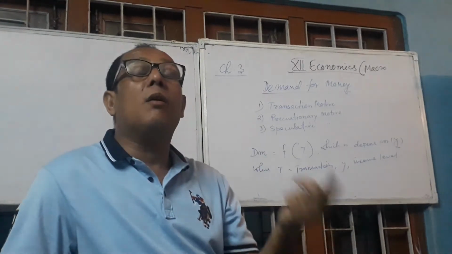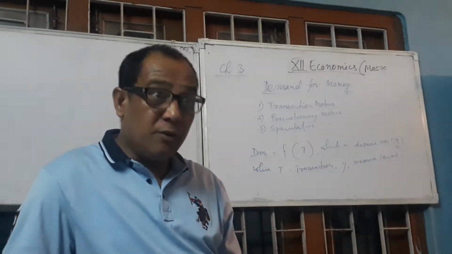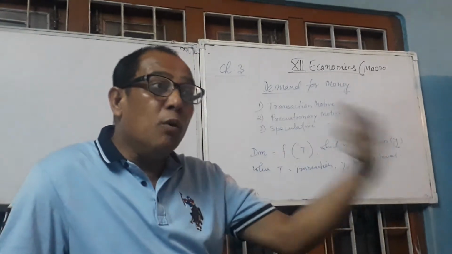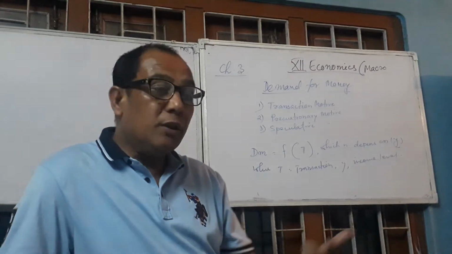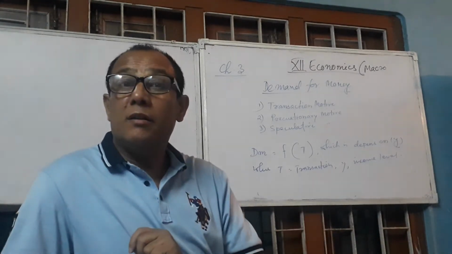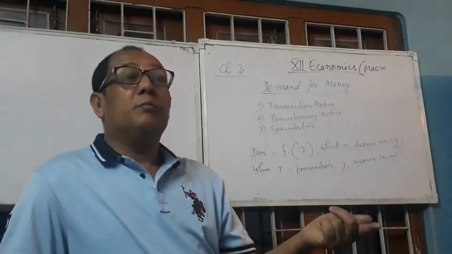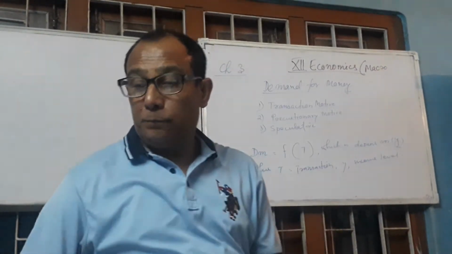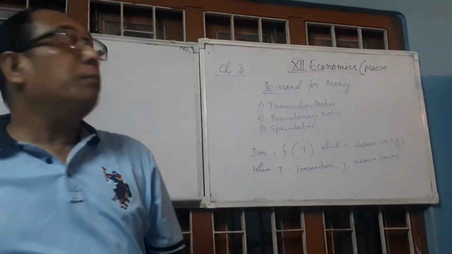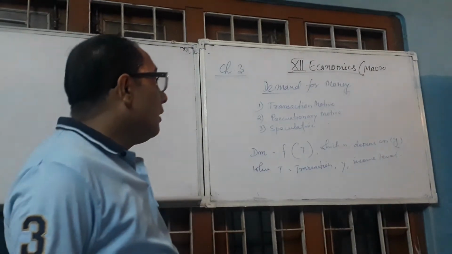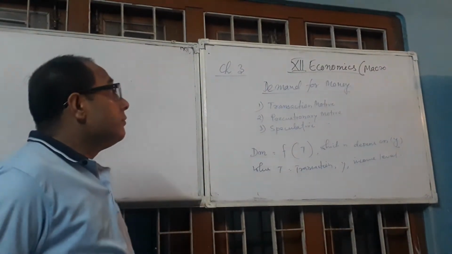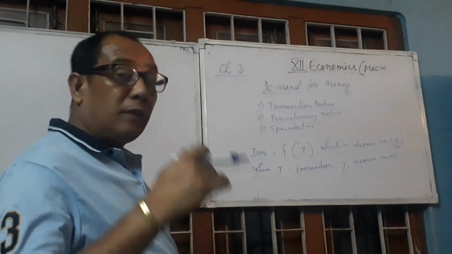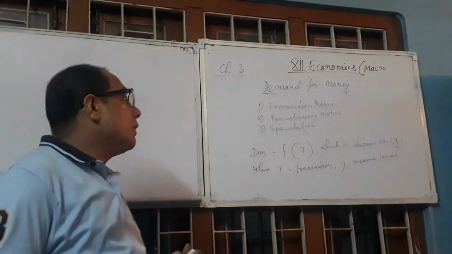Rich people can purchase more and poor people can purchase less. So the transaction motive says the demand depends on the amount of income they earn.